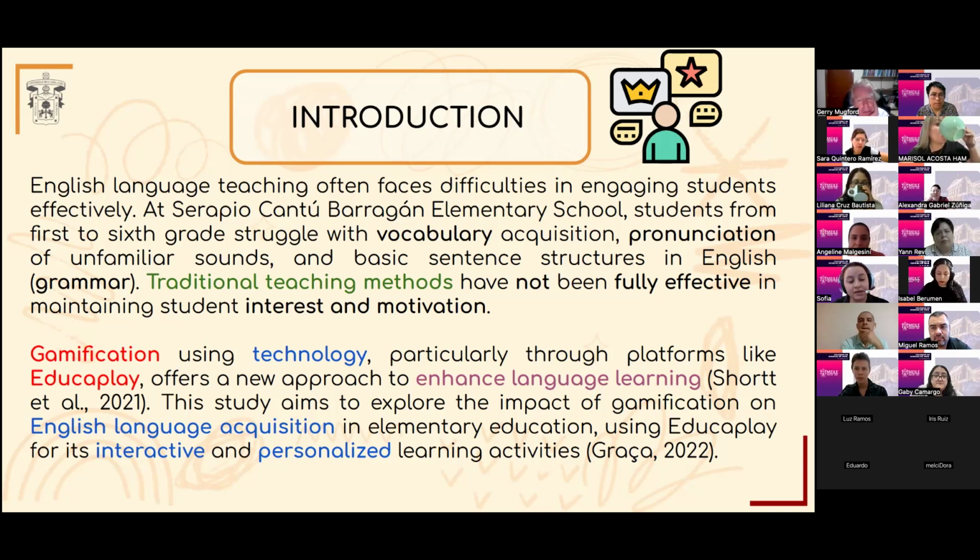This study aims to see how gamification through EducaPlay might change how elementary school students learn English, especially in terms of vocabulary, pronunciation, and grammar, and also to find out if this approach can make learning English more effective and enjoyable for young students.